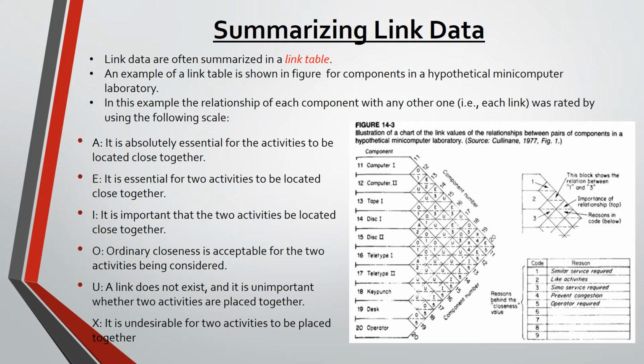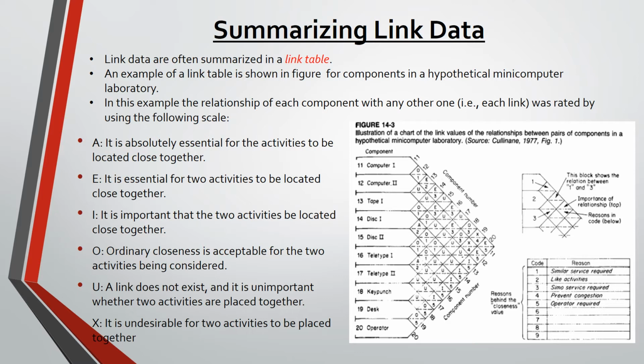The third one, I, is important activities that have to be located together, and O is for ordinary closeness for two activities to be considered, and U means a link does not exist, and it is unimportant whether two activities are placed together. So you can see that the importance gradually reduces as you go from A to X.